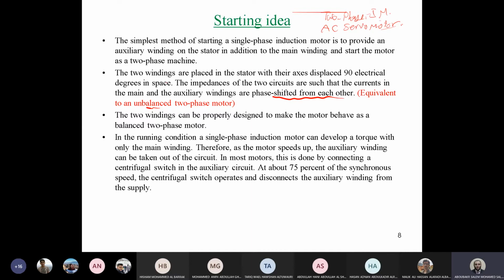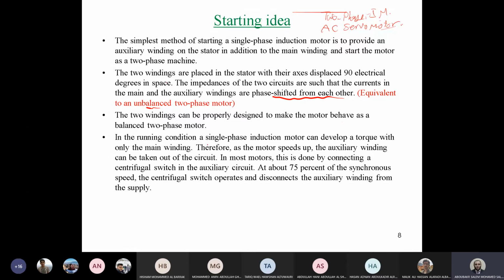So in this case, the phase shift between the impedances will be high enough to make the flux start moving the machine. So this is the idea now. So the two windings can be properly designed to make the motor behave as a balanced two-phase motor.